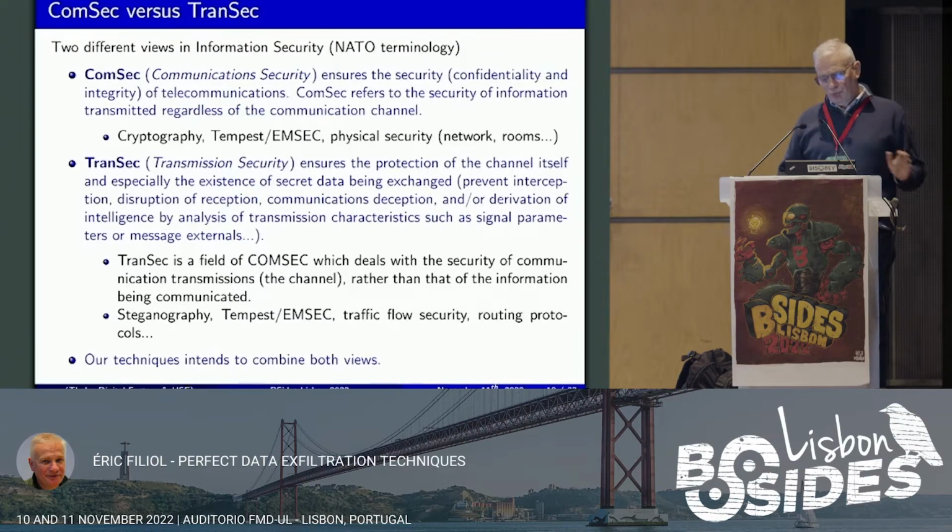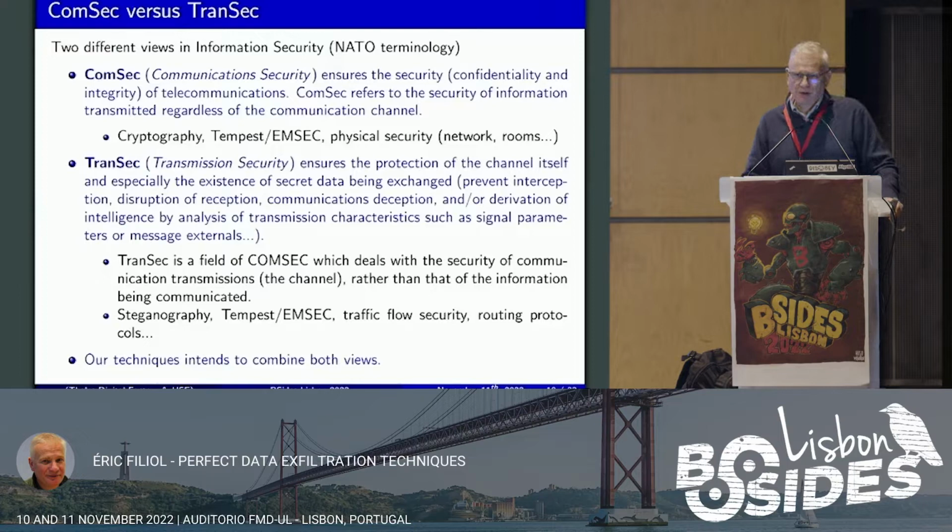Most of the time, it is performed by cryptography, but in some very sensitive industrial cases, you also have to add physical security, or even fight against electromagnetic emissions. But if you exchange encrypted data, of course, it's very easy to detect.